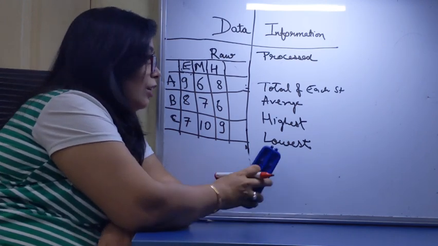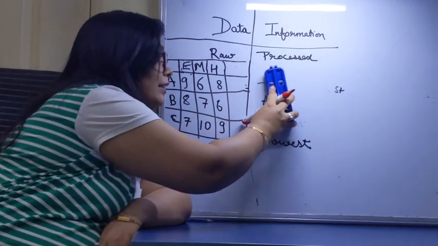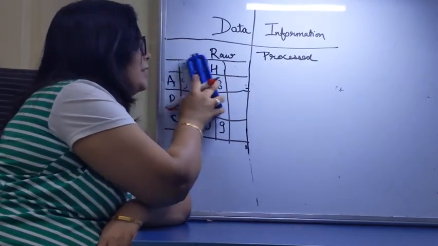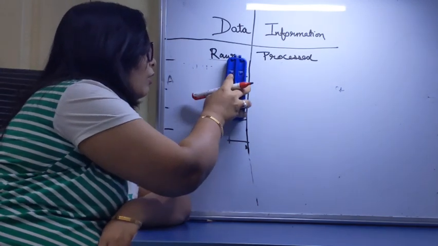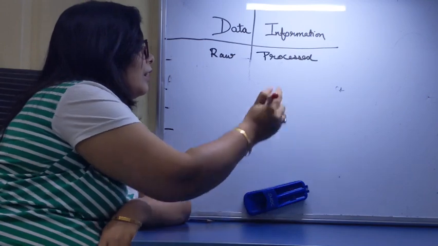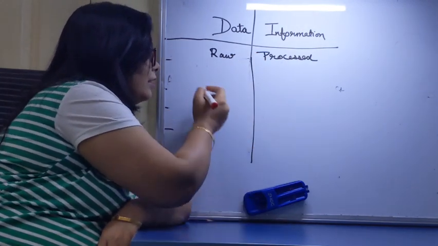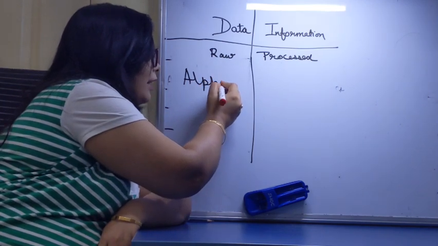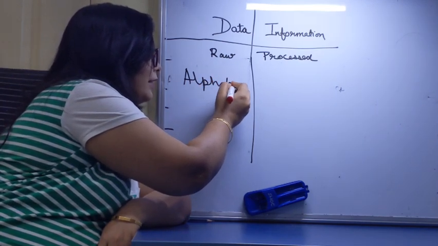This is the difference. So don't get confused. Don't think that it is the same. It is entirely different. Data is something which is an input. So now how do you enter input into a computer? In a keyboard you have seen there are alphabets. Okay. And then what? Can you recollect anything else?